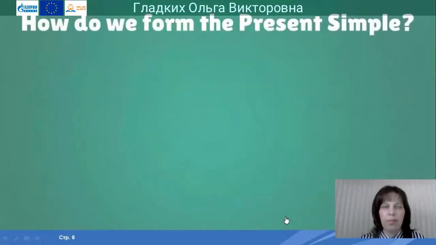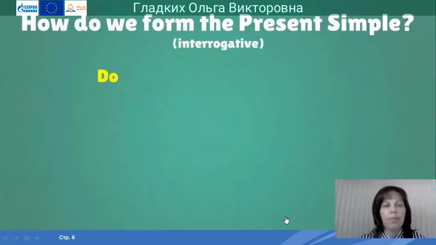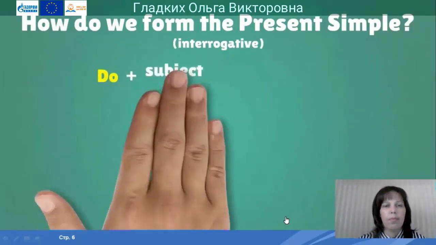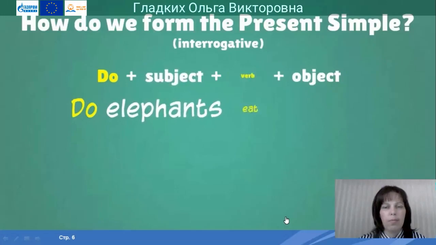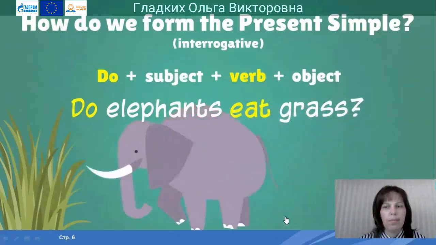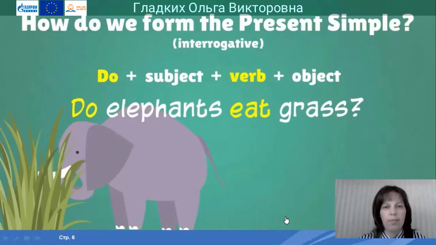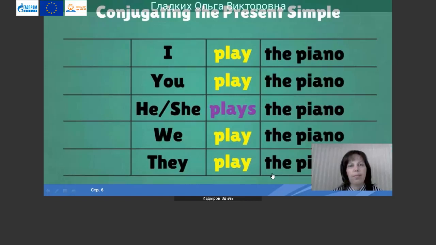How do we form the present simple? Interrogative. Do plus subject plus verb plus object. Do elephants eat grass? Conjugating the present simple.